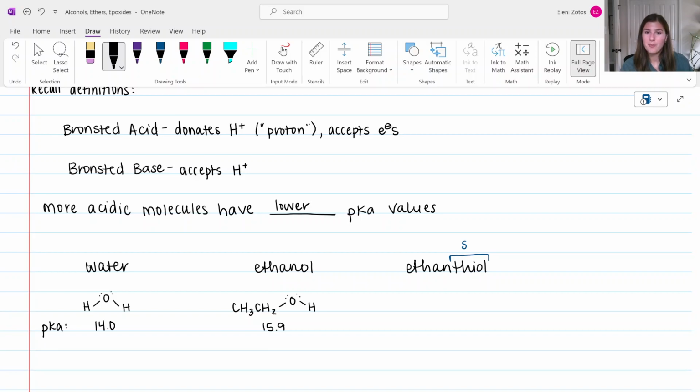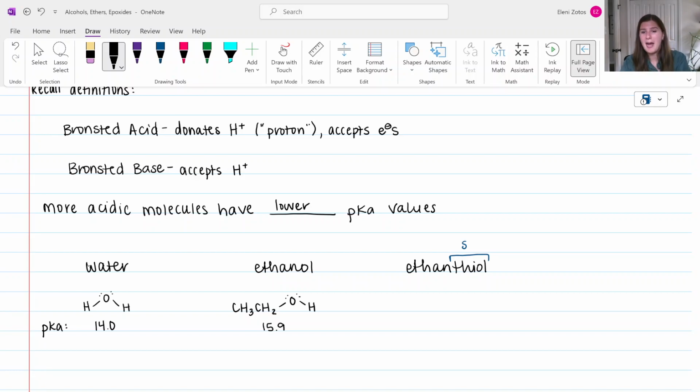If we think about our previous unit, our alkyl chains, hydrocarbon chains, are electron donating groups. So the electron donating effect of the ethyl group is that it decreases the acidity of the proton that's bonded to oxygen. So because we have an electron donating group, that decreases the acidity of that proton.